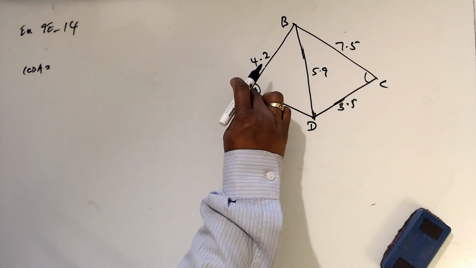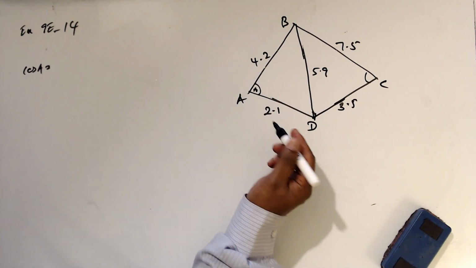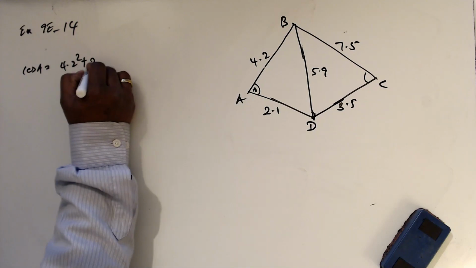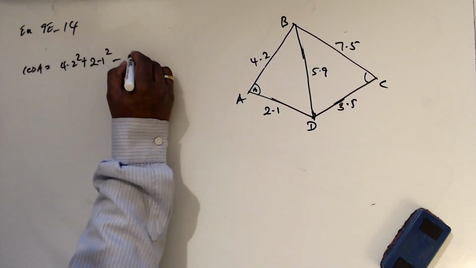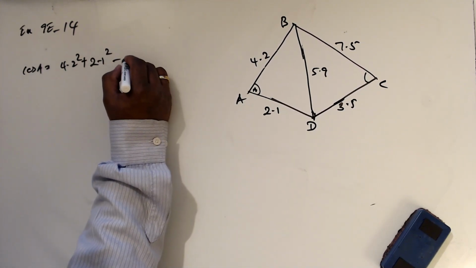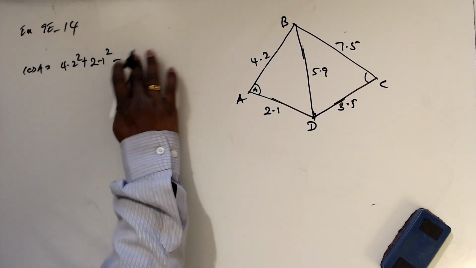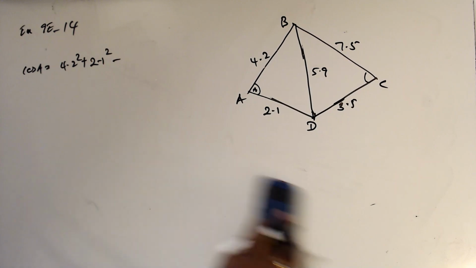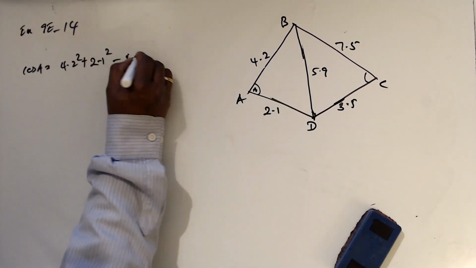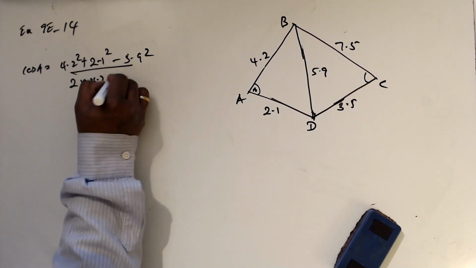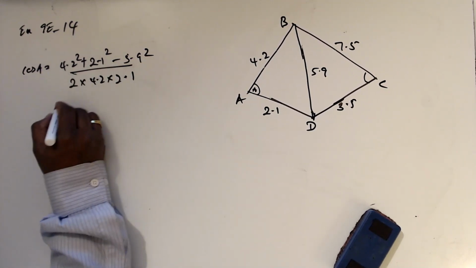I already explained the short method to look at this one. So 4.2 square, 2.1 square minus 2 times, minus 5.9 square divided by 2 times 4.2, 2.1.